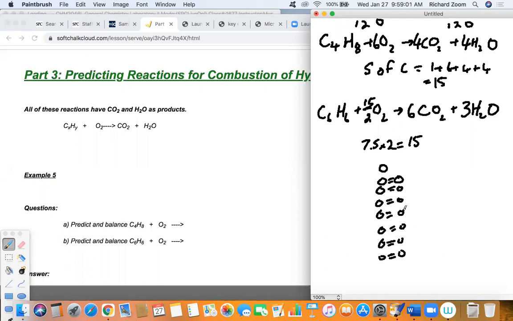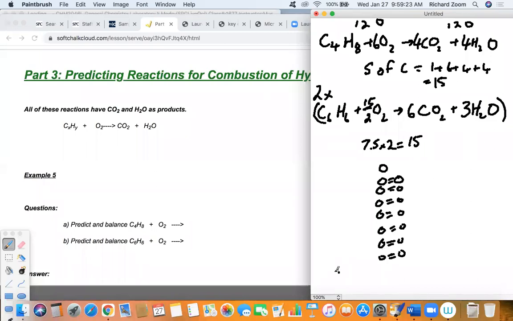These are oxygen O2 molecules, and 7.5 would be 7 O2s and then 1 oxygen left over. That's in essence what 7.5 O2s look like. But we don't like dealing with half molecules or fractions. So what we do is we take the whole thing and we multiply it by 2.